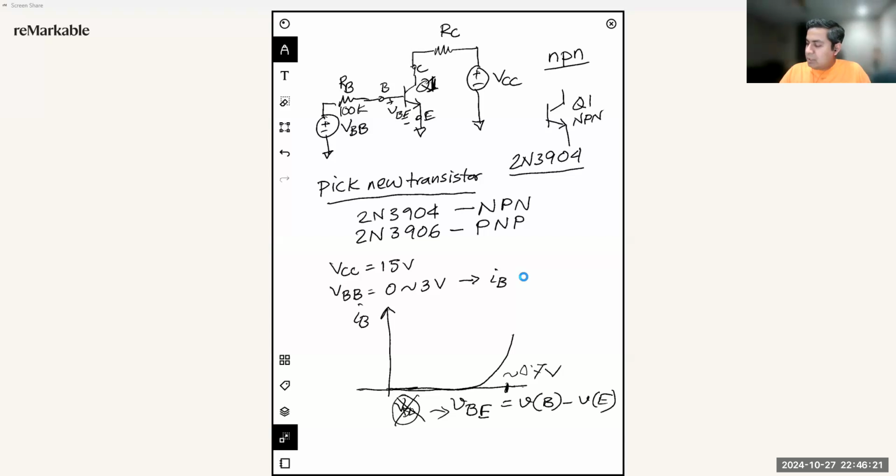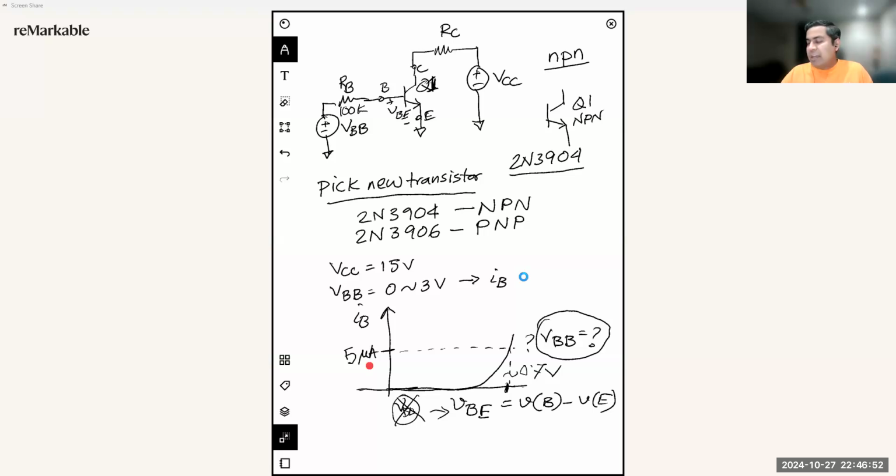So our main concern is at what VBB voltage we are getting a base current of 5 microampere, because that is going to be our first set point or biasing point for this BJT.